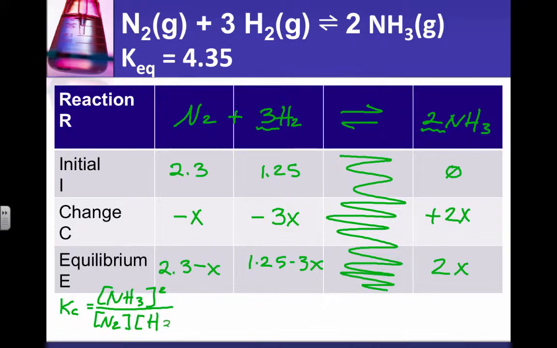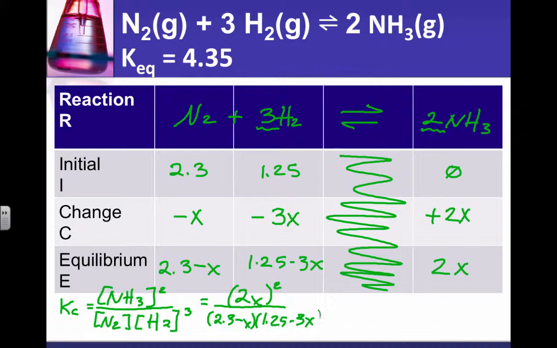Hydrogen, though, is raised to the 3rd power because it has a 3 in front of it. Now I can put my numbers in. 2x is going to get squared. And down below, for nitrogen, I have 2.3 minus x times 1.25 minus 3x.